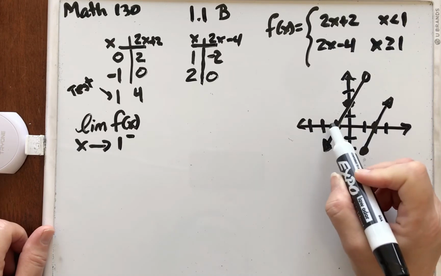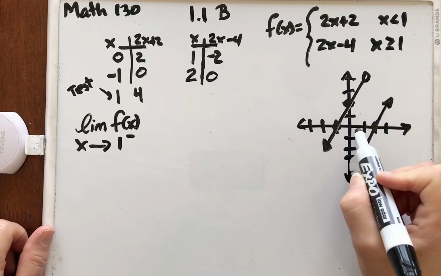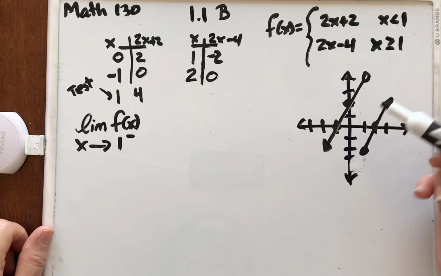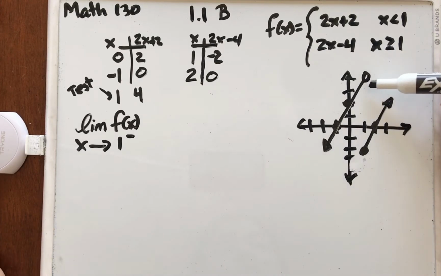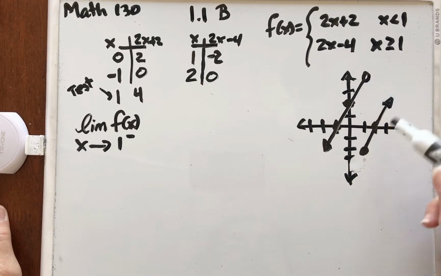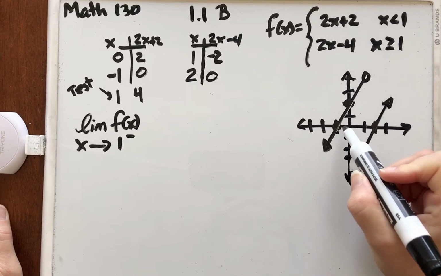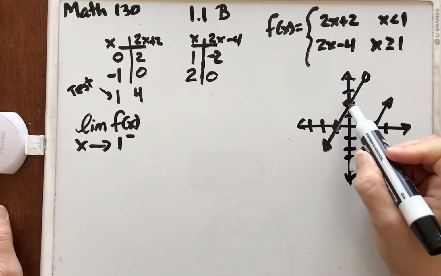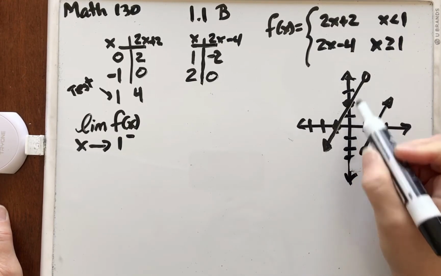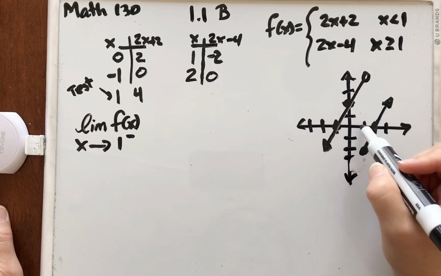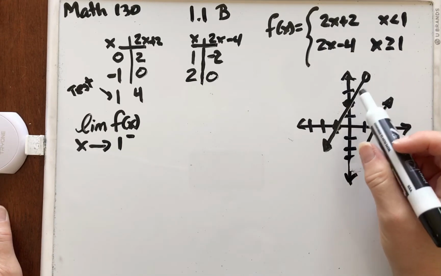We're approaching 1 from the left, and where is it headed? It may not get to 4, but it's headed to 4. That's why we say it approaches. So as we get closer to 1, here's 0, here's a half. As we get closer and closer to 1, f of x is going to 4.